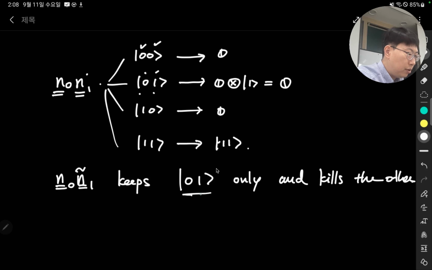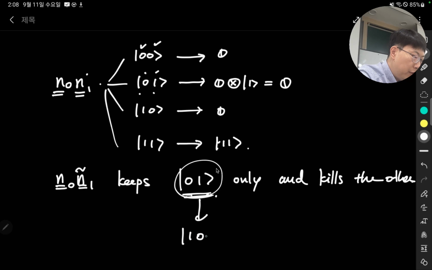It only keeps this state. So if this is our input state, then I want to swap into 1 0, right? That means I have to apply an X gate on qubit 0 and qubit 1.